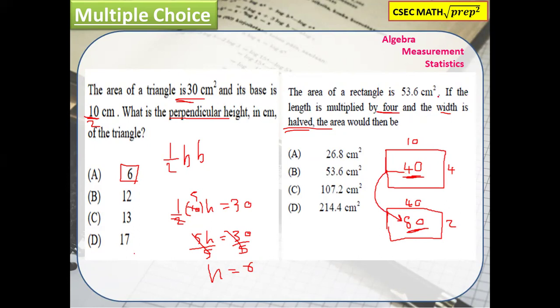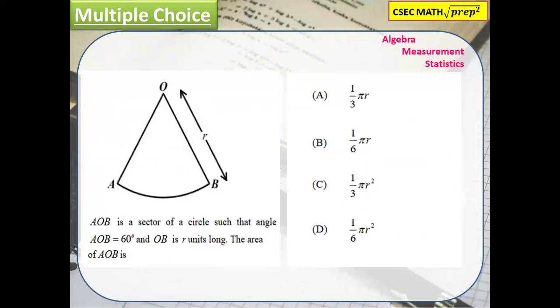That means for this question, the 53.6, when the rule is applied, will be doubled, times 2, giving us 107.2. Easy.